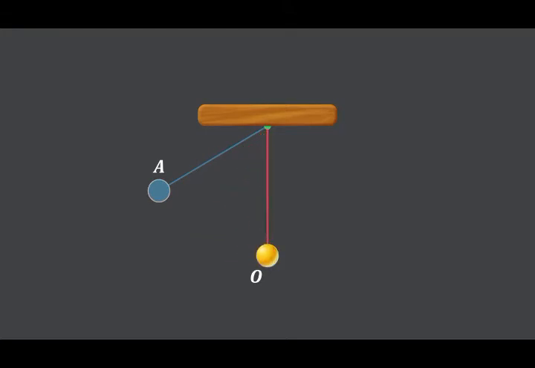At the mean position, the net force on the bob is again zero, but the inertia of the bob makes it move until it reaches the other extreme position B. As the bob moves towards point B, it again starts to experience a pulling force towards the mean position.